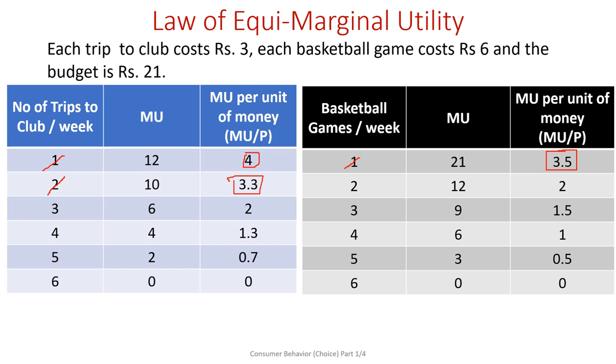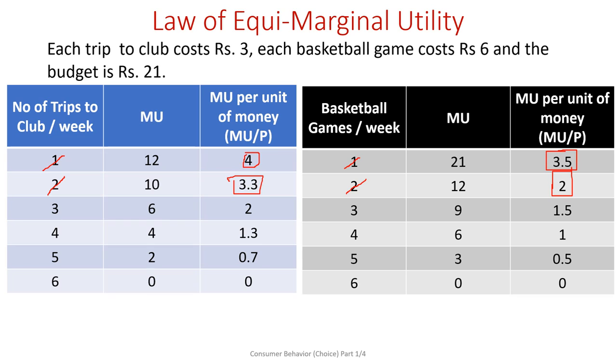Both are the same, so the consumer can either spend his income on basketball or go to the club. Assume that the consumer decides to play the basketball game. He spends rupees 6 on it, gets a marginal utility of 12.